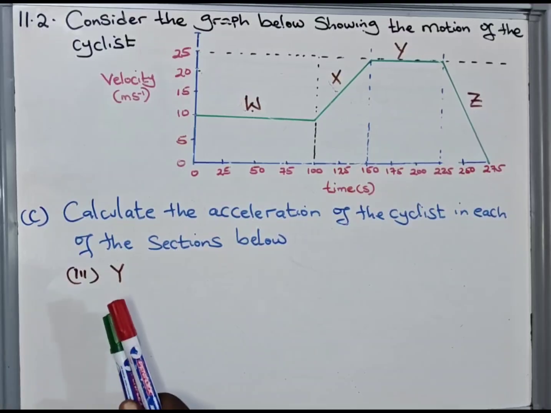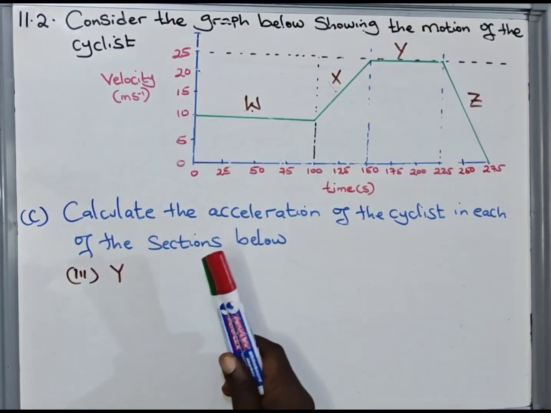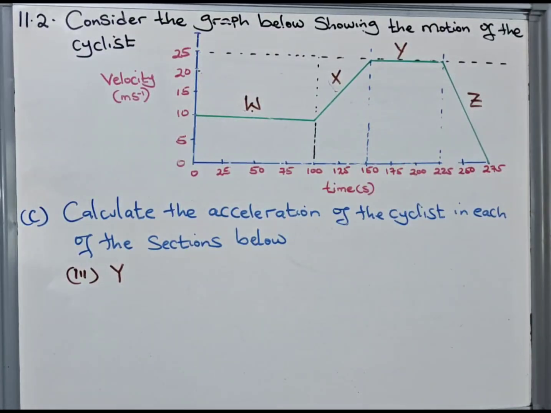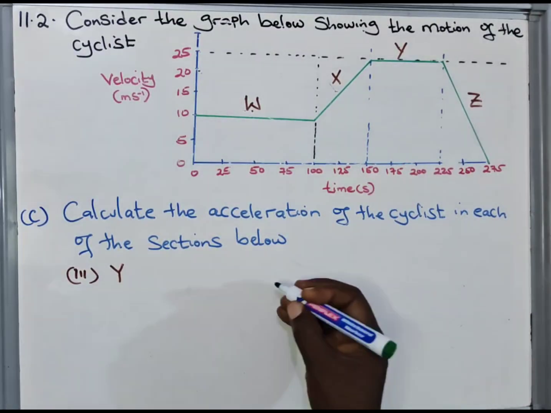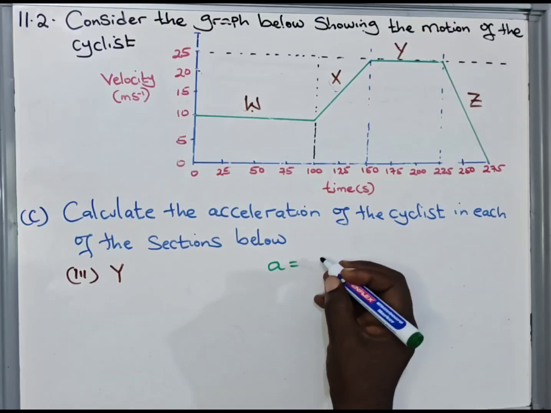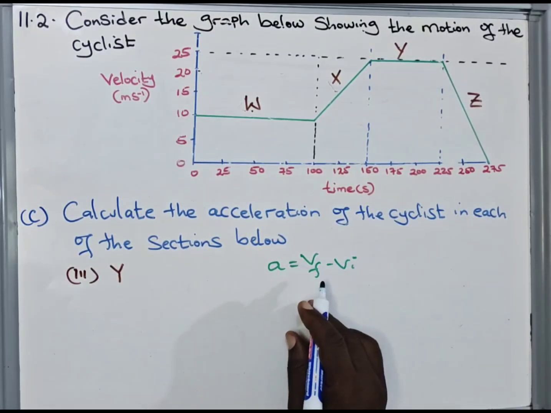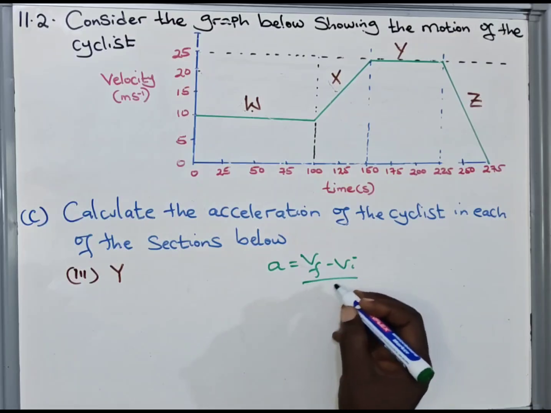Then we come to Y. Calculating acceleration of the cyclist in section Y. We must not forget that acceleration is given by change in velocity, which is V final minus V initial, over change in time.